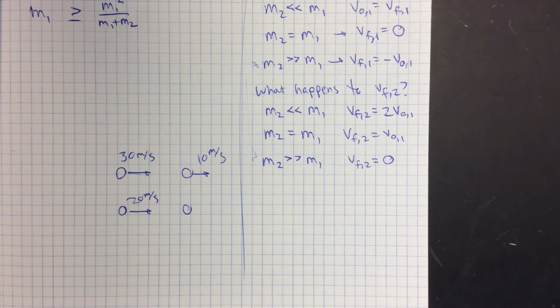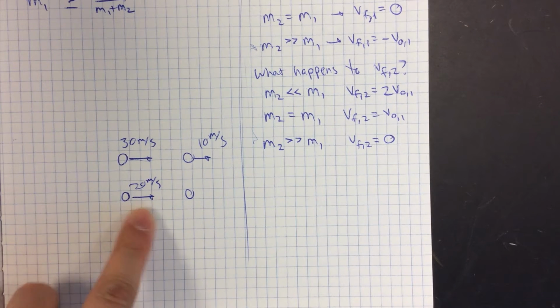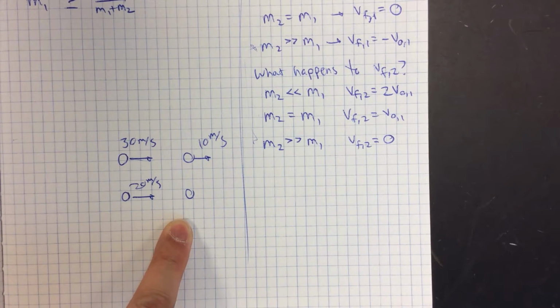Those are only if one of the things isn't moving, right? It doesn't actually matter because anytime something is moving, you can choose a reference frame where it's not moving.